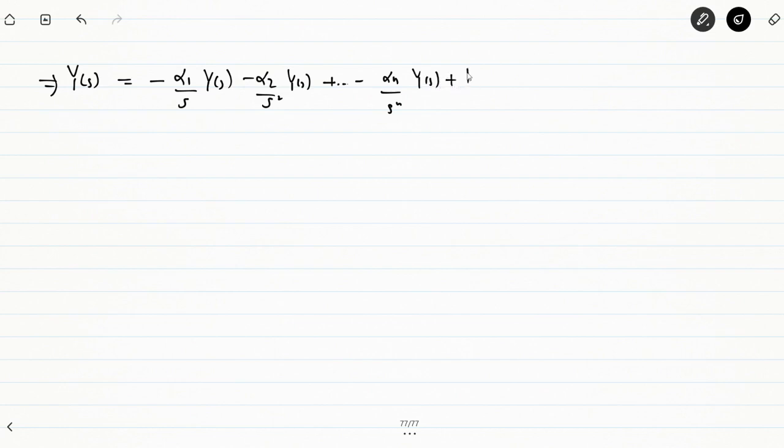So what we'll get is Y(s) is equal to minus alpha 1 by s Y(s) minus alpha 2 by s^2 Y(s) minus alpha 3 by s^3 Y(s) so on minus alpha n by s^n Y(s), plus beta naught U(s) plus beta 1 by s U(s) so on up to beta n by s^n U(s).